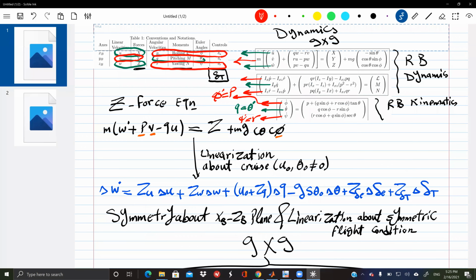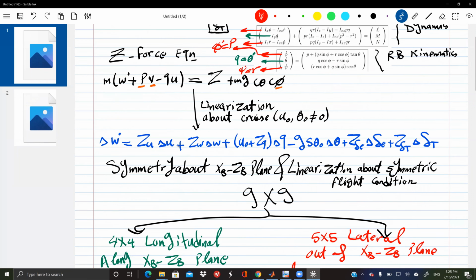Going from here to there, the linearization allowed these variables to disappear, or actually forced these variables to disappear. P, V, and phi, these are lateral variables. And the equation was an equation for longitudinal motion. This is the Z force equation. Because of the linearization, these lateral variables disappear from the longitudinal equation of motion. And this happens with all the equations. Try any equation you like.